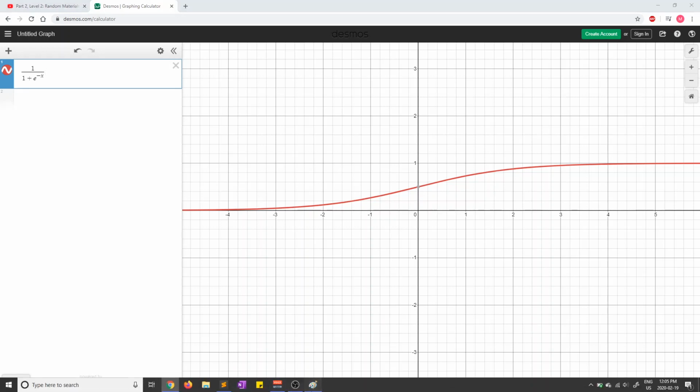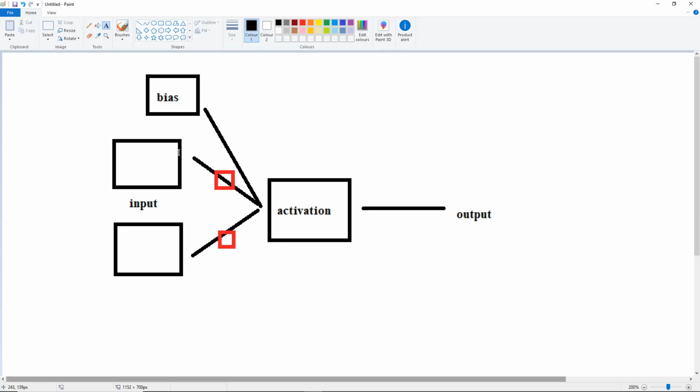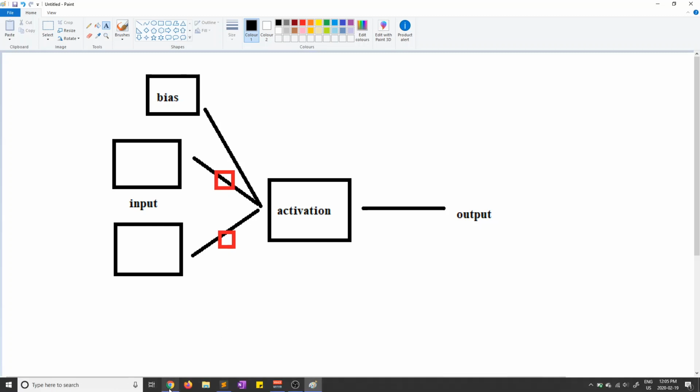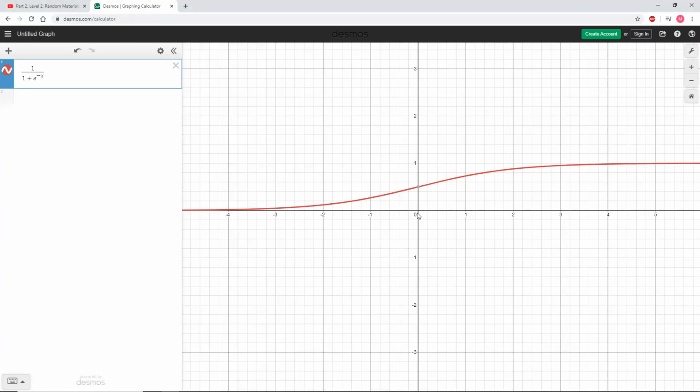And like I said, it'll be the sum of the inputs times their respective weights plus the bias, if that makes sense. And then you want that to be constrained between 0 and 1. And basically you're saying if the output is near 1, then in my example, it'll be species 1. And if the output is near 0, then it'll be species 0. So yeah, this function just kind of constrains everything to be between 0 and 1.